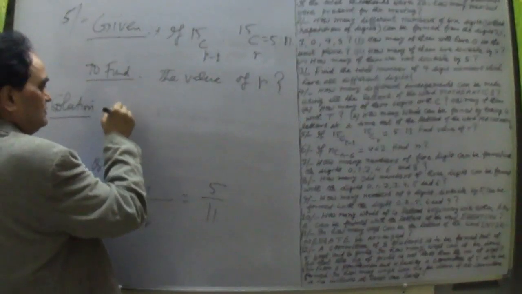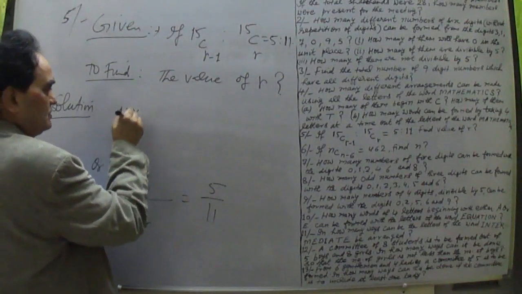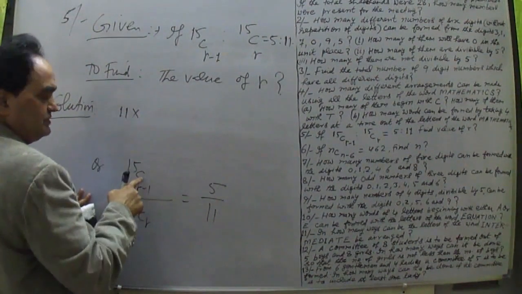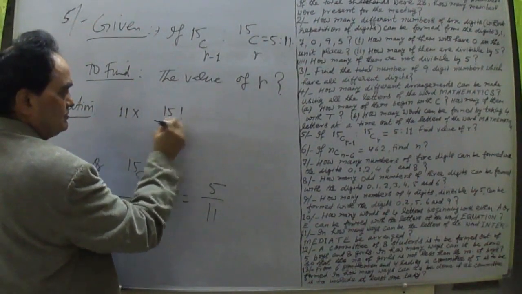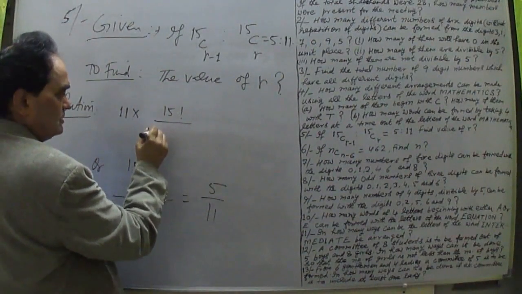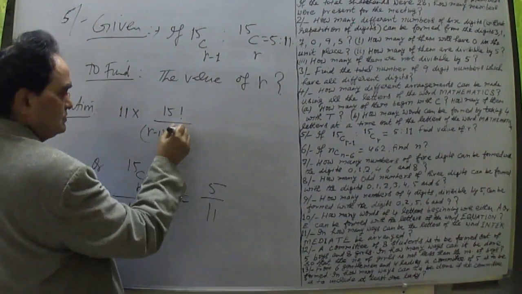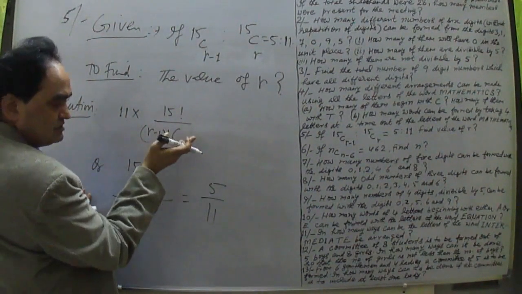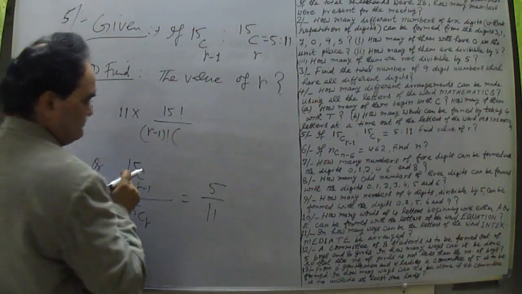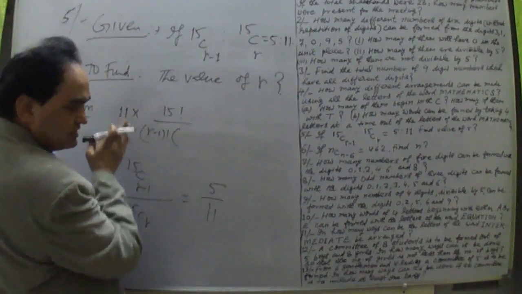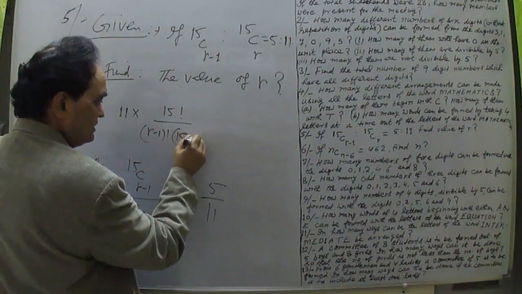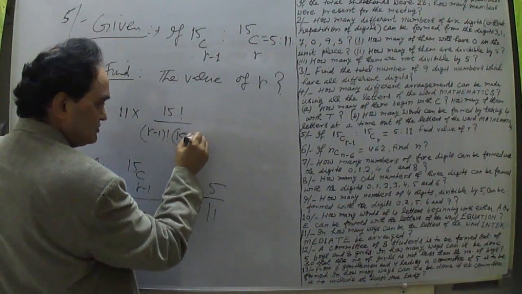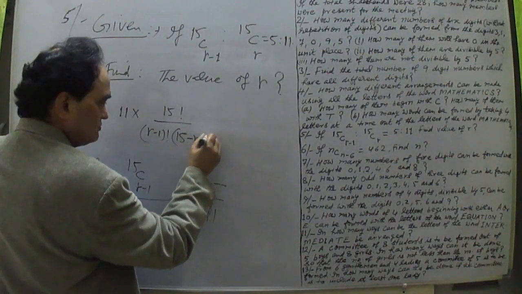It will be 11 into 15C(R minus 1). 15C(R minus 1) is factorial 15 divided by factorial R minus 1, in the second bracket factorial 15 minus (R minus 1), that is 15 minus R plus 1, 16 minus R factorial.